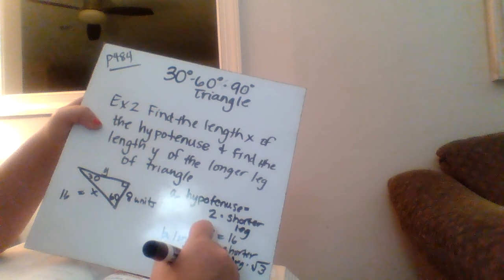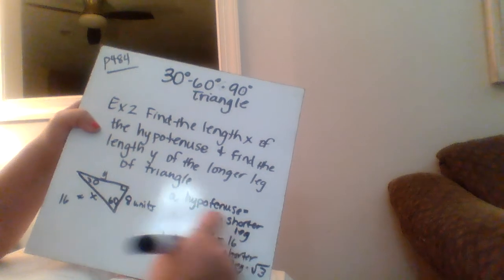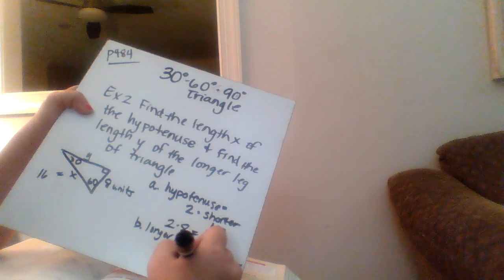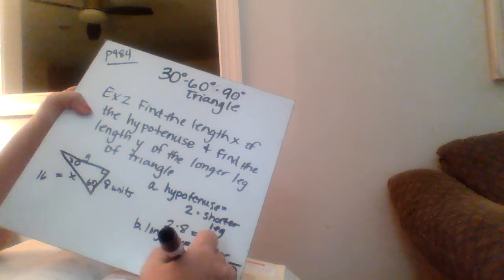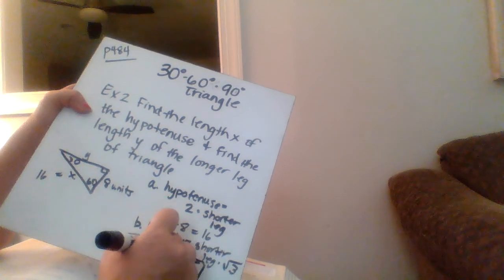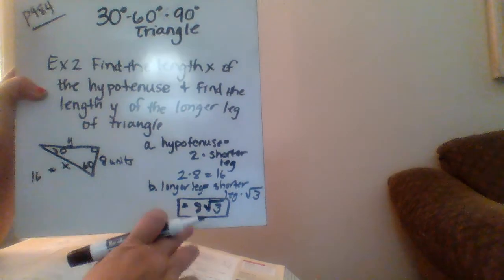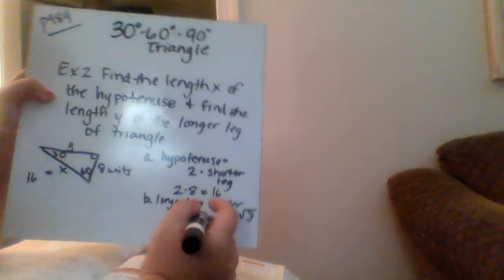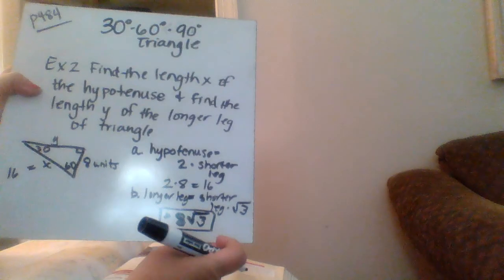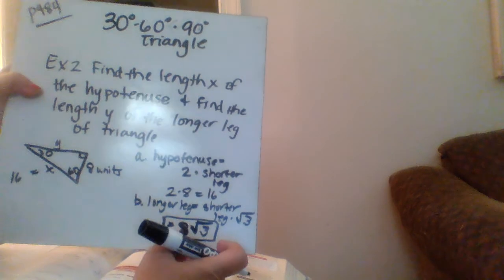So our answer is that the longer leg is equal to 8 times the square root of 3. That can't be simplified anymore. We can't simplify that square root of 3. That's as simplified as it can be. That's 8 times the square root of 3, and that's going to be our longer leg.